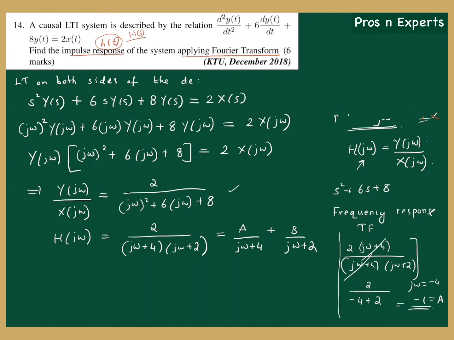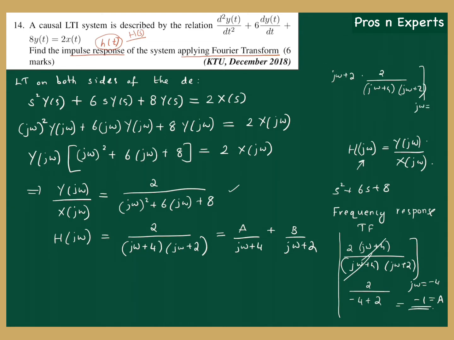B can be evaluated by multiplying the whole fraction with j omega plus 2, because it is in the denominator of b. So j omega plus 2 into 2 by j omega plus 4 into j omega plus 2, evaluated at what value?